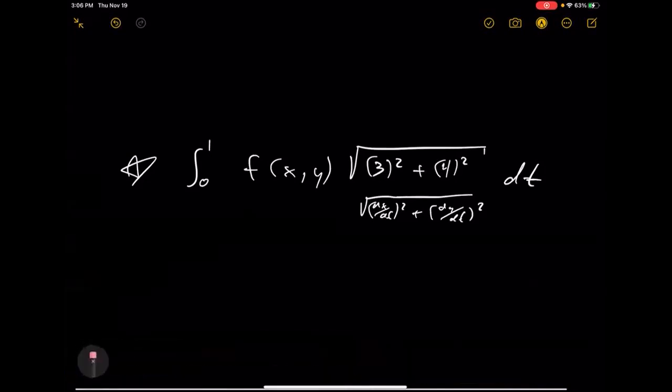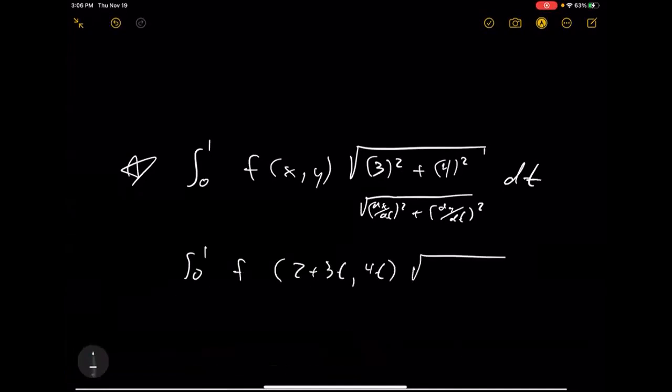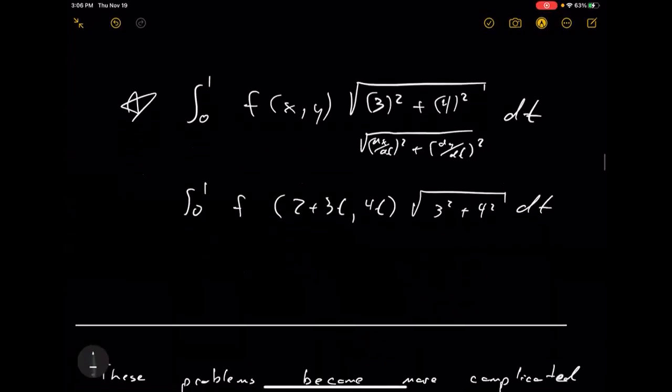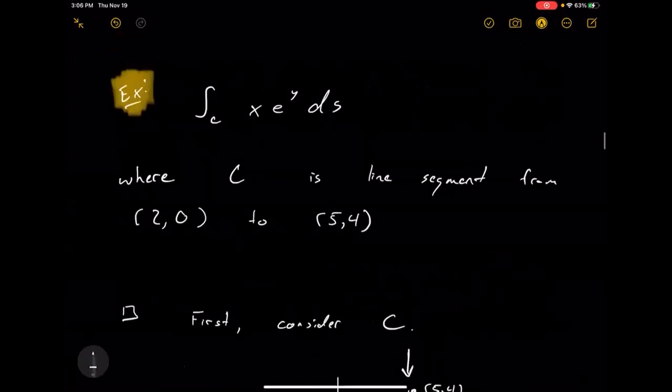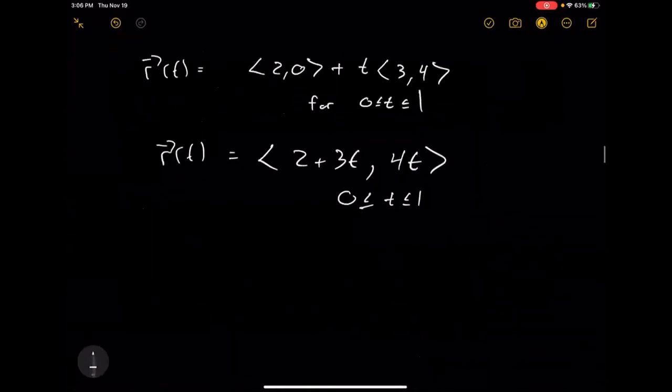So instead of having f of x, y, I want f of 2 plus 3t, 4t. Okay, and then what is our f? What function are we trying to integrate? Trying to integrate x e to the power y.